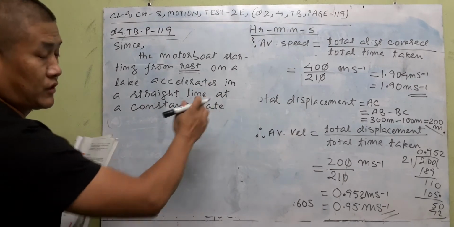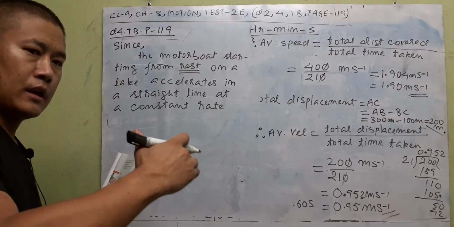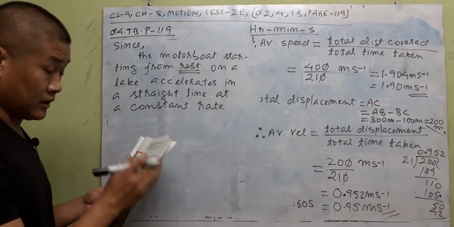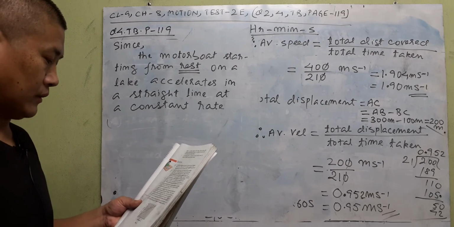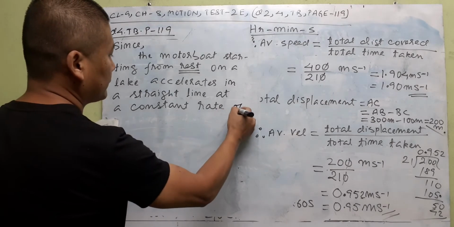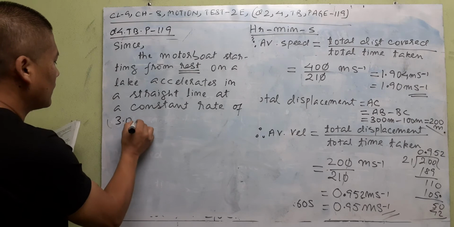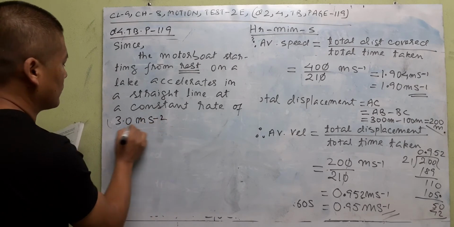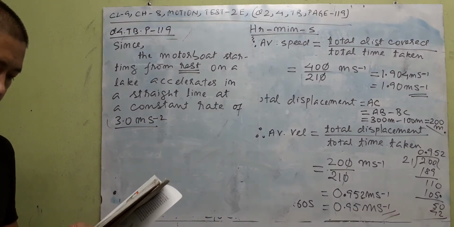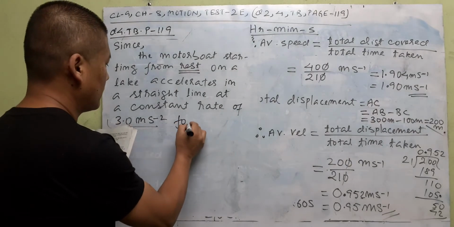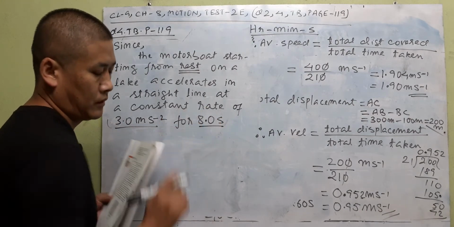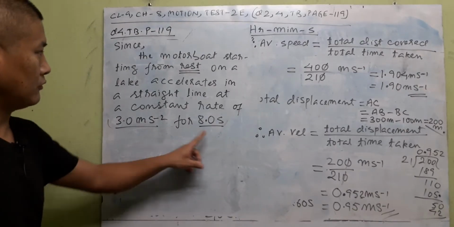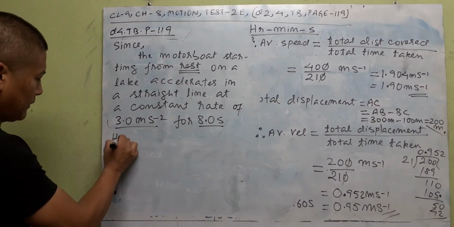Okay, increasing rate of 3 meter per second square. So this is another important information: for 8 seconds. So there are 3 keywords here. So let us write them down one by one.